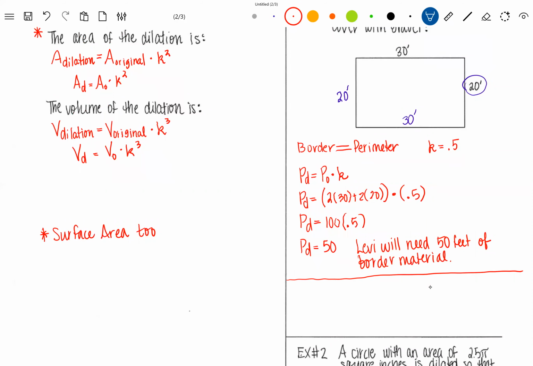But let's see, okay? So the area of the dilation is the area of the original times the scale factor squared. So the area of the original is 30 times 20, length times width, and the scale factor is 0.5, but we're going to square it. 30 times 20 is 600. 0.5 squared is 0.25.